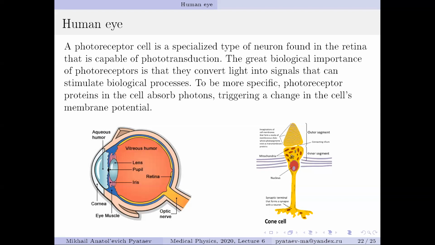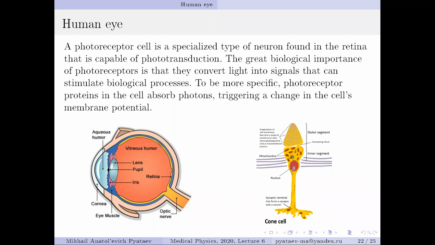Rods cannot see the difference between colors, and in case of low intensity of light, in case of night vision, only rods are able to absorb light, and cones require much higher intensity.